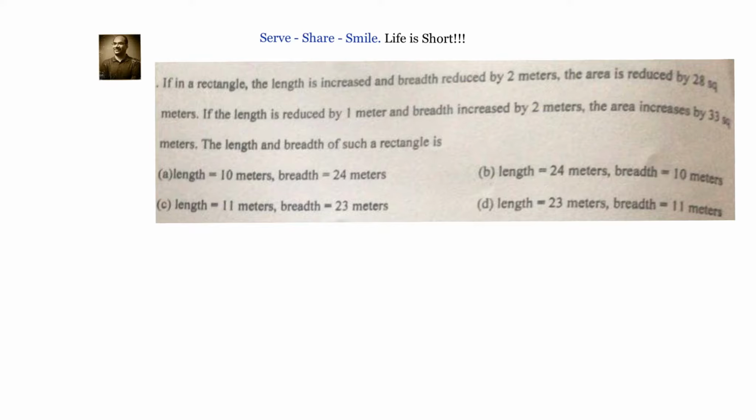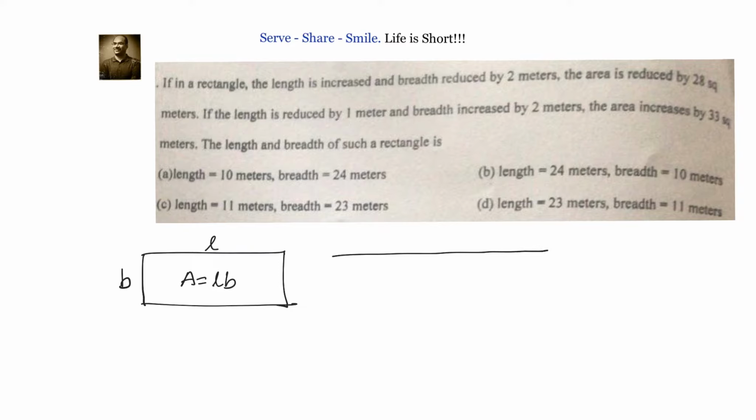I'll take a small rectangle. This is my rectangle. Length is L, breadth is B, area equals LB. This is the original scenario. Now length is increased by 2 meters and breadth decreased by 2 meters.